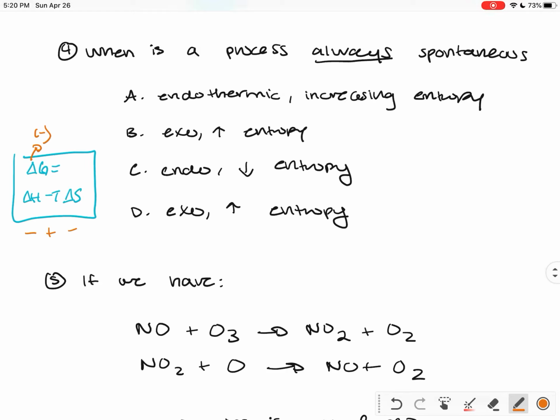So our delta H needs to be negative, which means it has to be exothermic, and this whole part of the reaction actually needs to be positive, because it's negative plus negative. Anyways, that means we need an increase in entropy so that it's minus a positive value. So in order to make sure that this is always negative, B is going to be true.